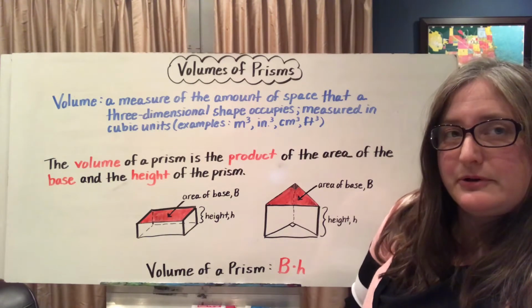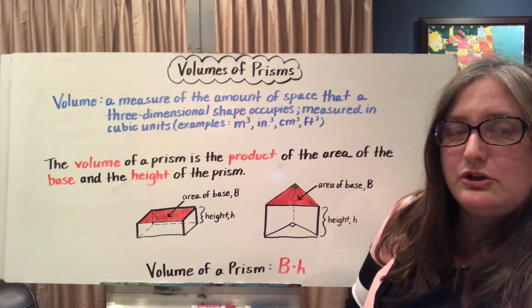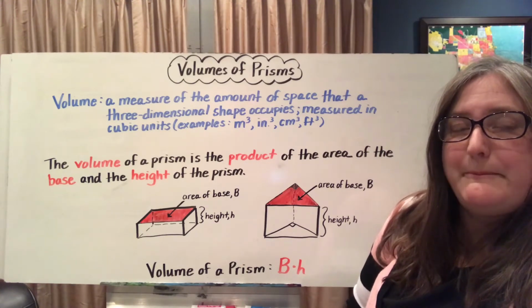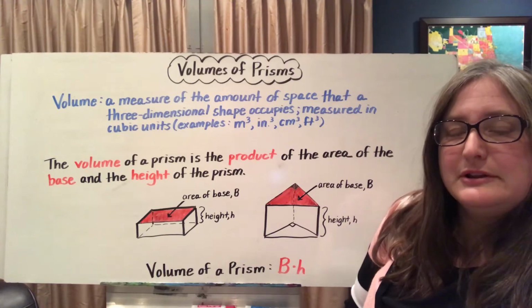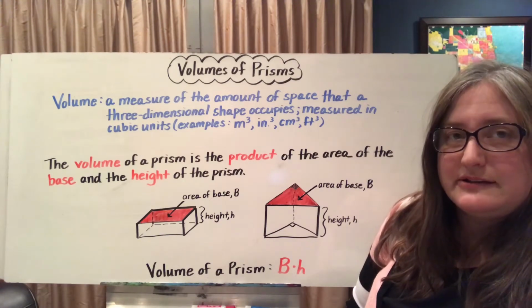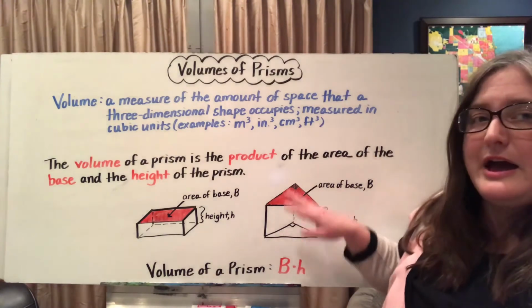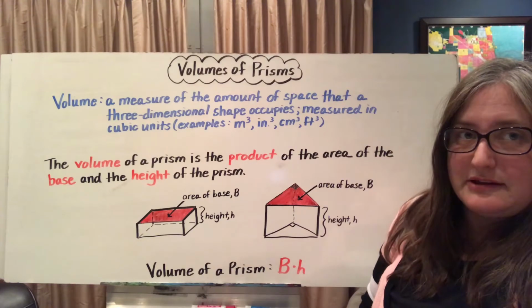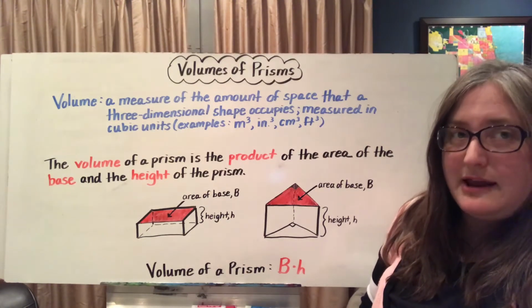Now, the tricky part of prisms is you have to remember that you need to first figure out how many cubic units it would take to fill the base. And the base of a prism can be any shape, but the lateral faces, the middle faces, must be rectangles. So in this case, when I see triangles, I know those must be my bases because the middle pieces of any prism are rectangular.